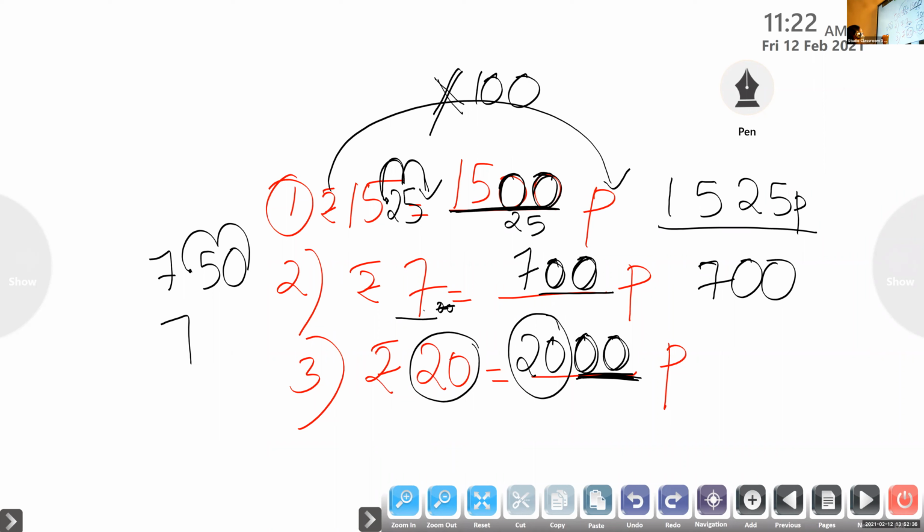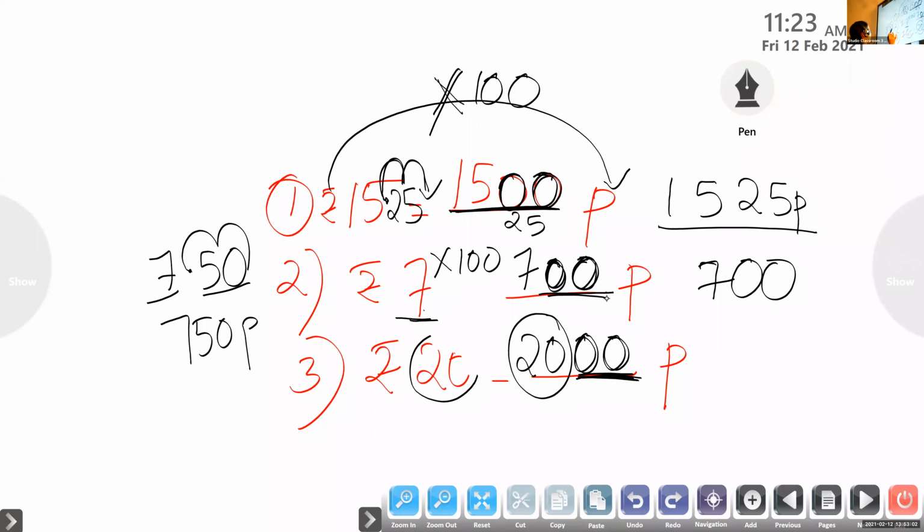So it will be 750 paise. 7 rupees plus 50 paise, so how much paise in total? 750 paise. So children, if there is no paise, what do we have to do? Add 2 zeros, because when we multiply with 100, we have to add 2 zeros.